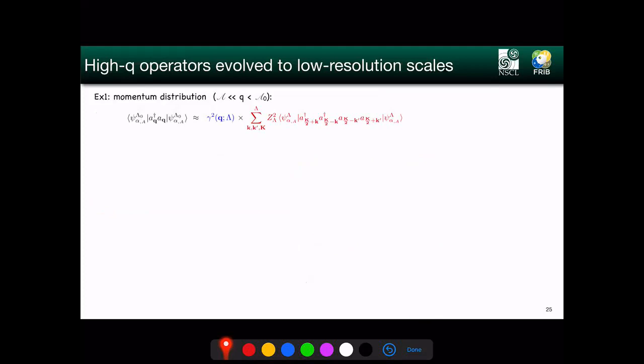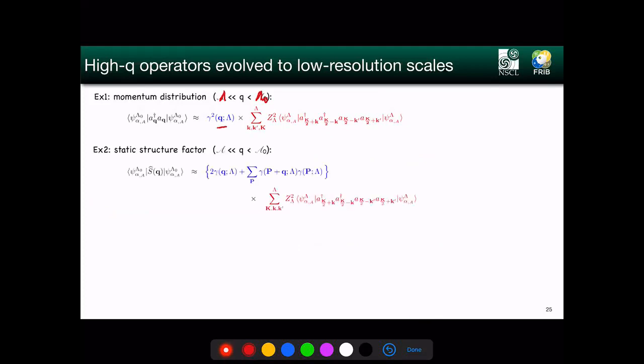And so if you look at things a little more explicitly, oops, this should be lambda. What you find, for example, is that the momentum distribution in a many-body system has the same factorized form.